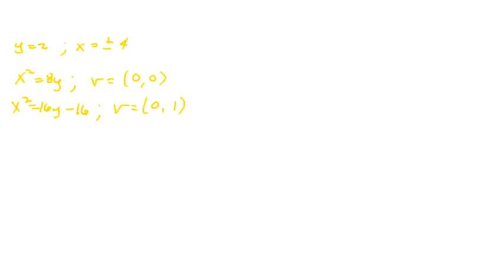Okay, so now let's try to draw our parabolas. We have the vertex of this parabola A, 0, 0. Then our next point is 2, positive and negative 4.